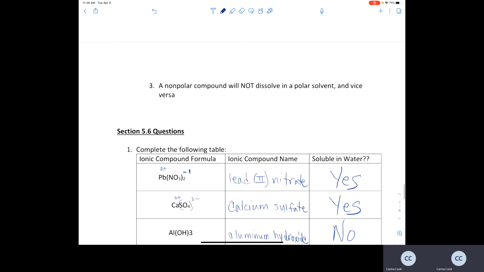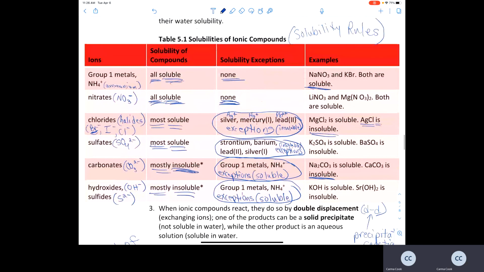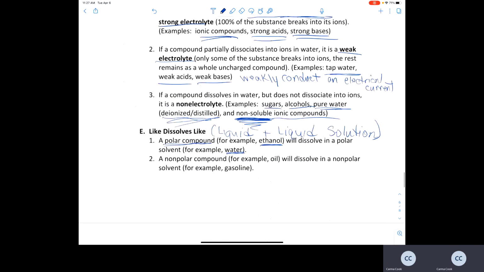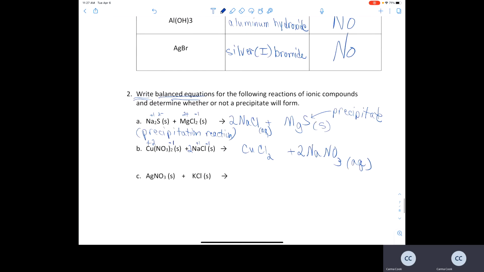Now looking at my chloride, that's a halide. They're also mostly soluble, with the exceptions of silver, mercury, and lead. Well, copper is not silver, mercury, or lead, so this guy is also going to be soluble. So this is not a precipitation reaction.